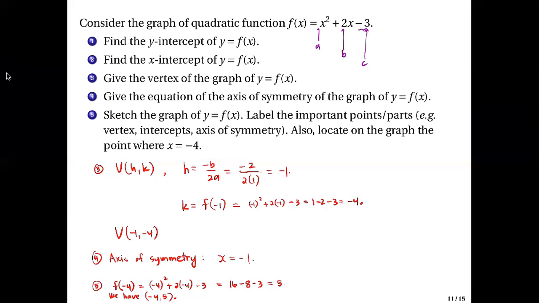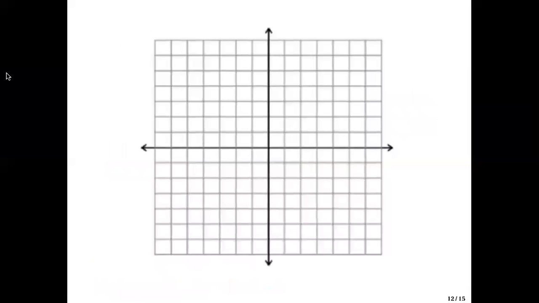So now we are ready to sketch the graph. On this grid, let me just label the ticks here one by one. 1:1, the scale. So this is 1. Let me use black here. 1, 2, 3, 4.